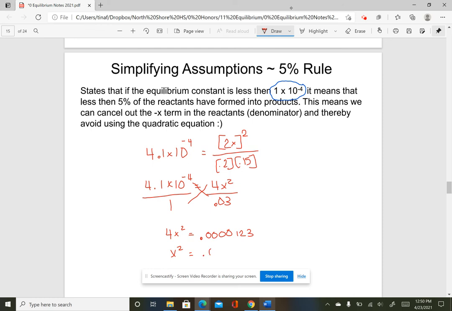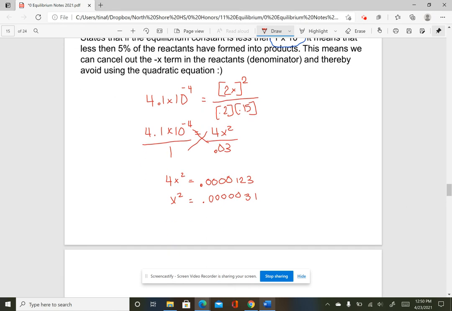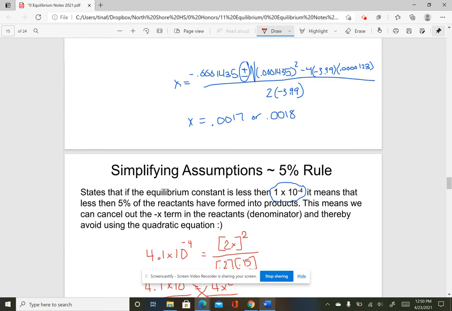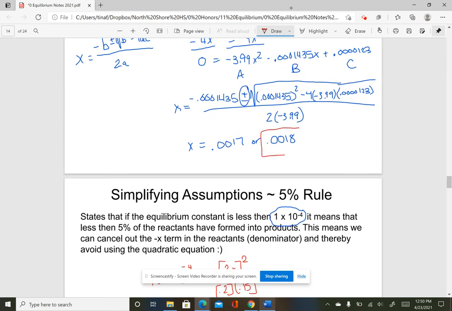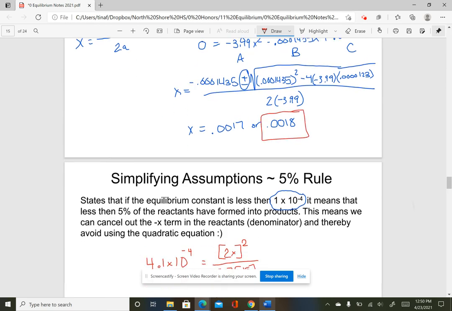And you guys don't have to write all these steps out. I'm doing it so that you can see it. If I take the square root of both of these, x equals 0.0018. Look, I got the same answer twice.